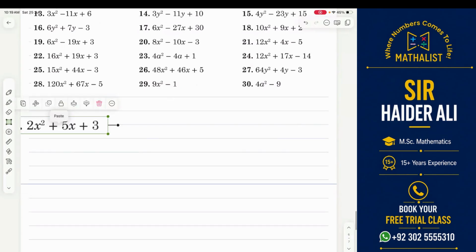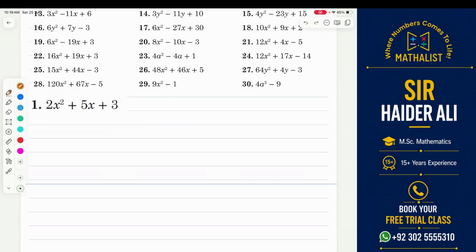So, in question number 1, x coefficient that is 5, write it on the side. The number without x is 3. But 3 cannot be written here. 3 multiplied by x square coefficient, then it becomes 6 and we write 6 here.